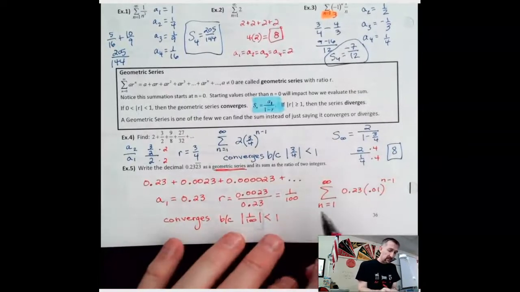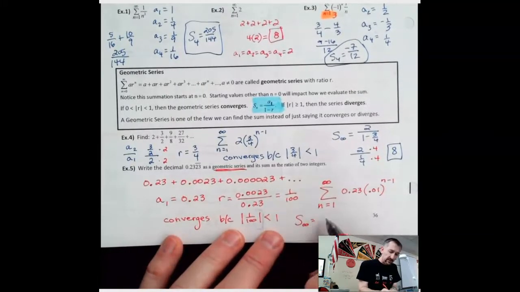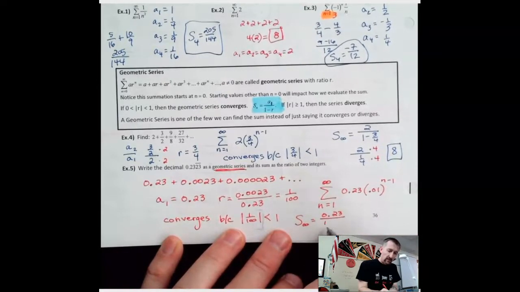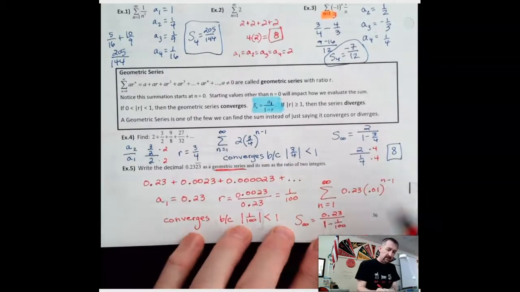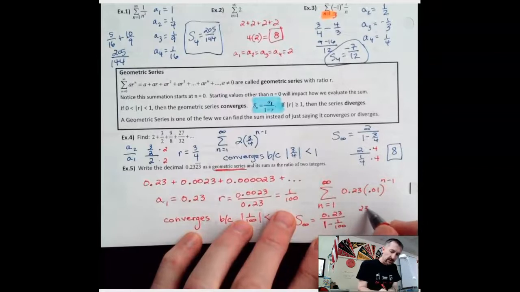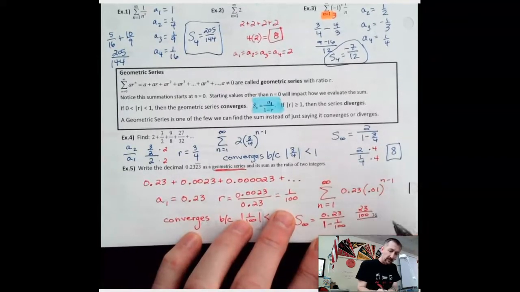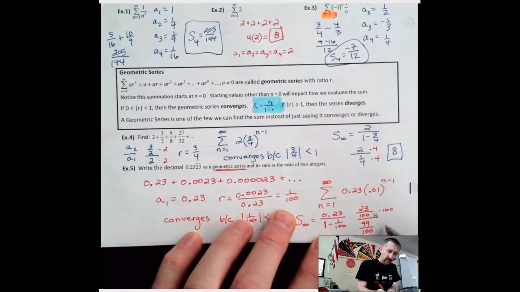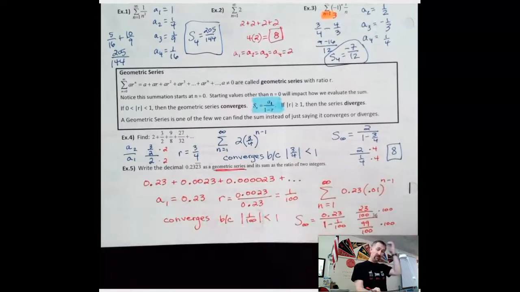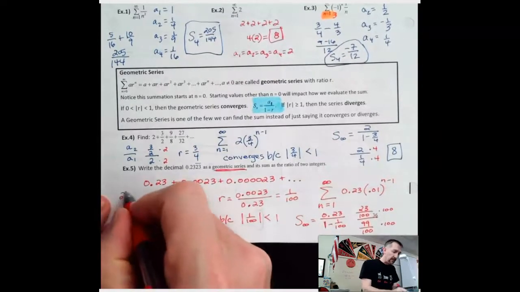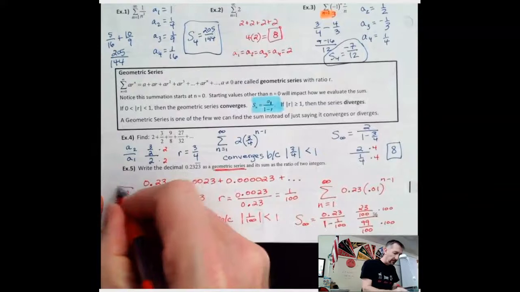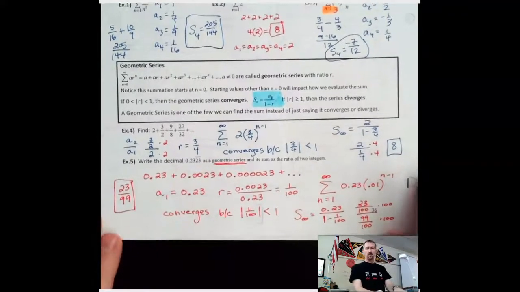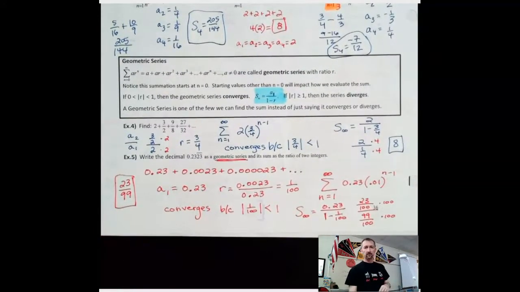Okay, so the sum of the infinite terms is going to be 0.23 over 1 minus 1/100. So that's going to be 23 over 100 and 99 over 100. So complex fraction, 23 over 99. All right, that's a good one.